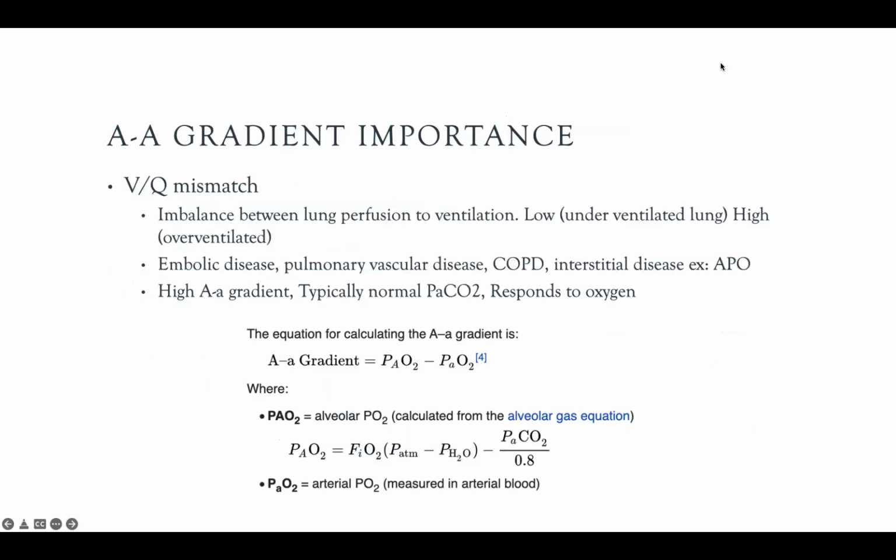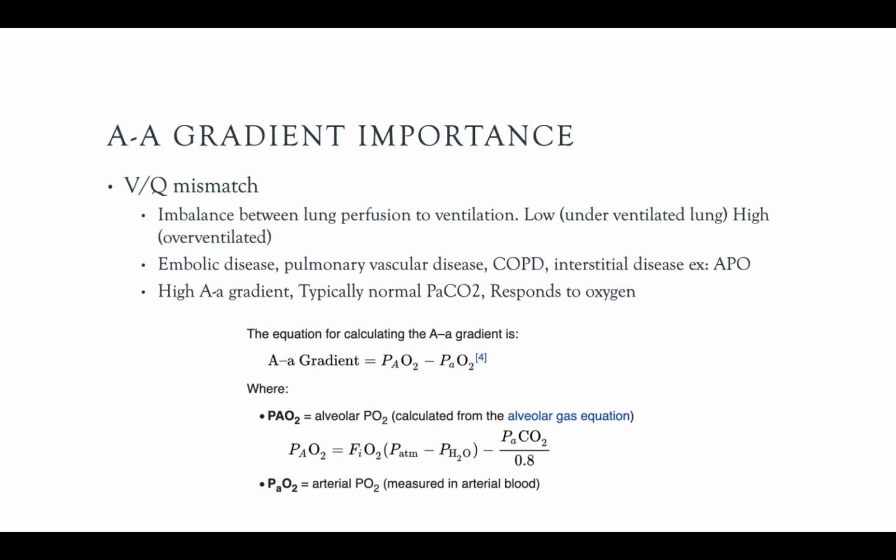Now, in terms of ABG, we can also calculate what's called an AA gradient. That should be a little a. Our AA gradient basically tells us if this is a lung problem or if this is not a lung problem. So, for example, in a type 2 respiratory failure, you've got high CO2 levels and low oxygen levels.